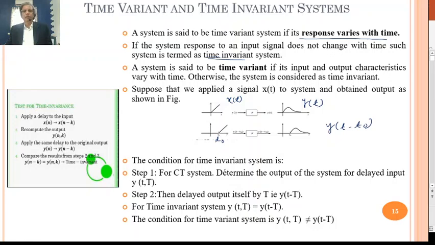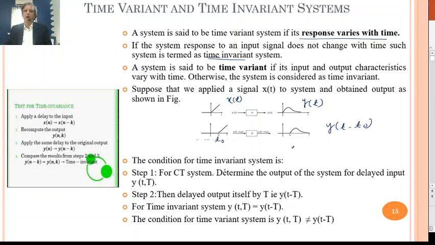Now the condition for the time invariant system is, we have to check whether the response varies with time or not. Means whether the system is a time invariant system or a time variant system.